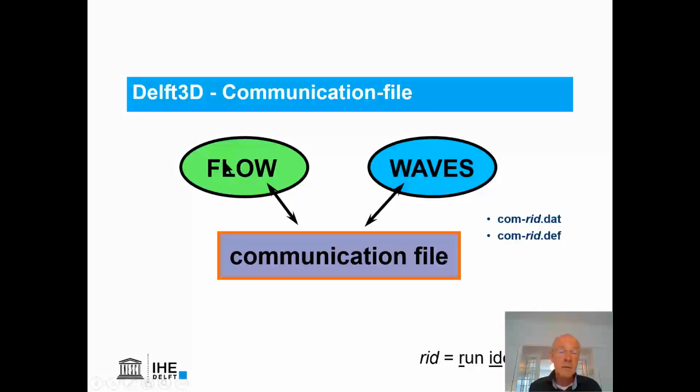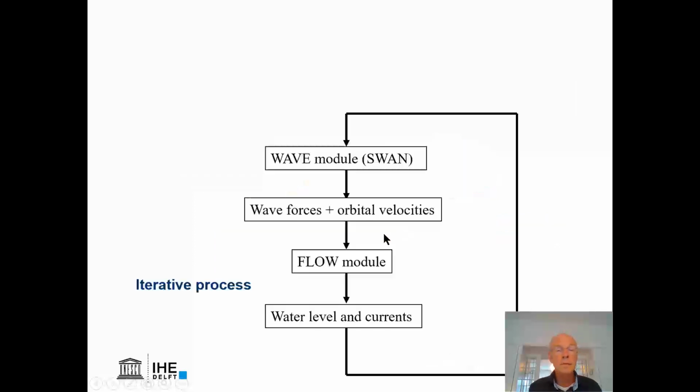And then flow and wave communicate through a communication file that can be recognized as com-run identification .dat and .def. And the whole thing is an iterative process where the wave module produces wave forces and orbital velocities, passes them on to the flow module, and the flow produces water level and currents and passes it on to wave.